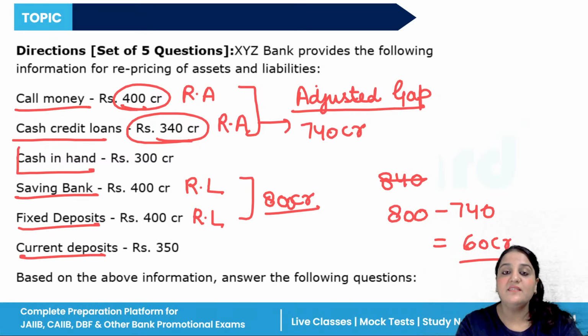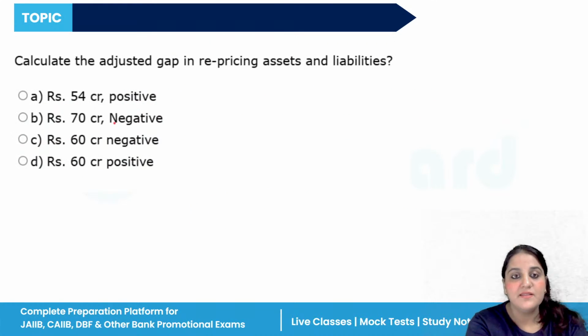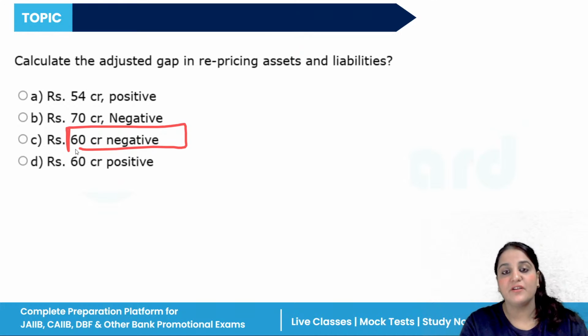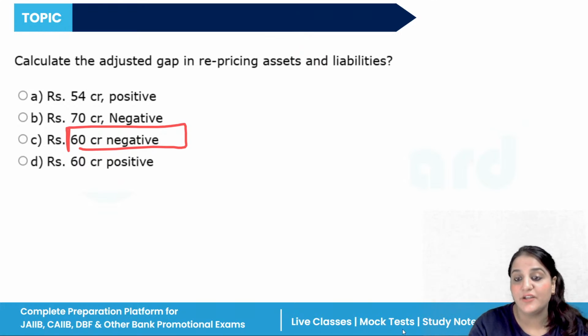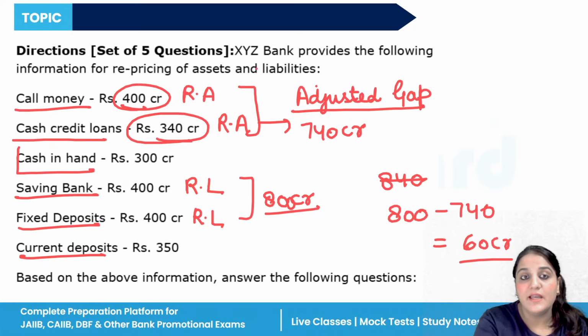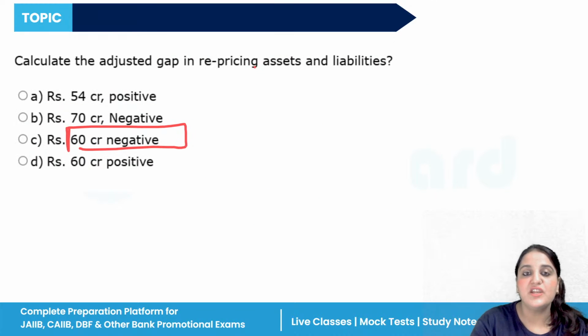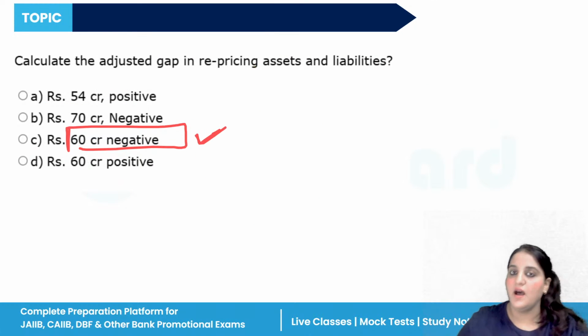This is the adjusted gap. Adjusted gap 60 crore, is it positive or negative? Negative, because assets are less than the liabilities. So 60 crore negative is the answer.